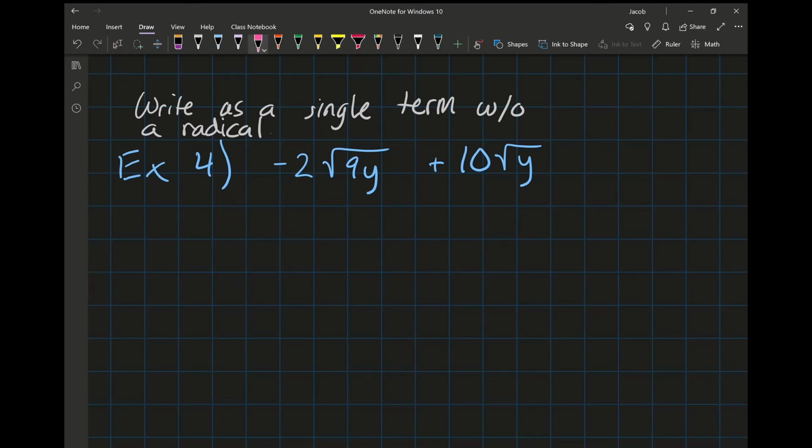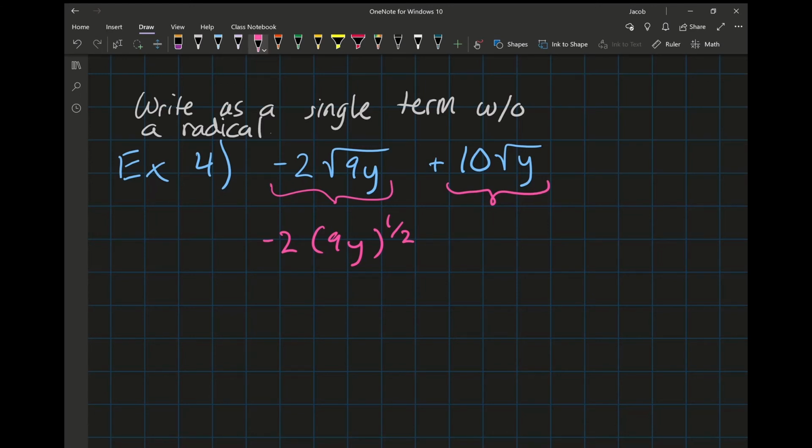So this looks a little fishy. We've got to make sure that our variables are combined. And to do that, we're going to have to get rid of our radicals as well. Now let's work over here on the left. So my radical 9y, remember, is actually 9y to the 1/2.